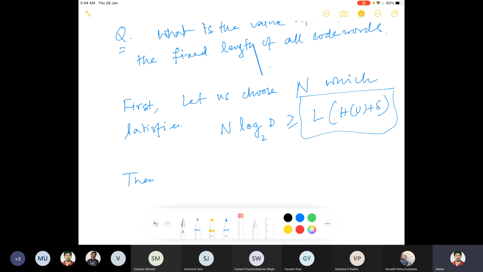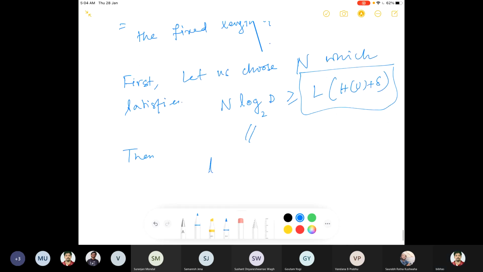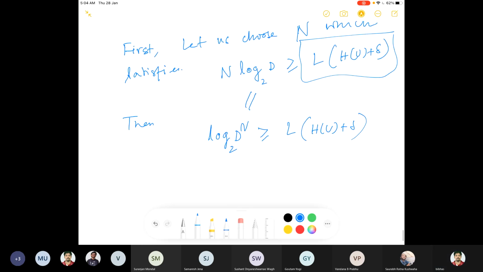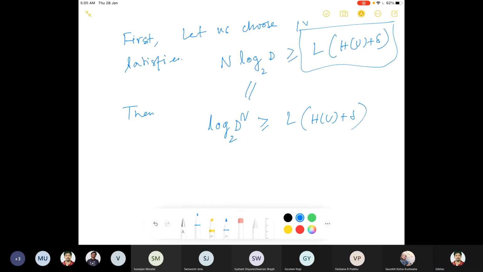So log base 2 of D to the power n is bigger equal to L(H(U) plus delta).